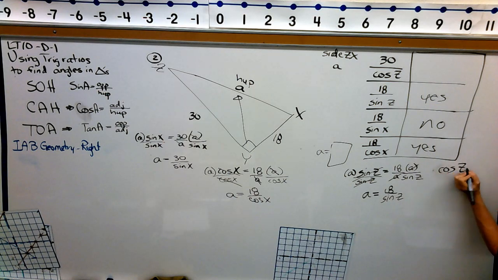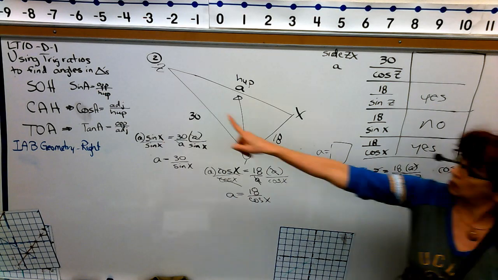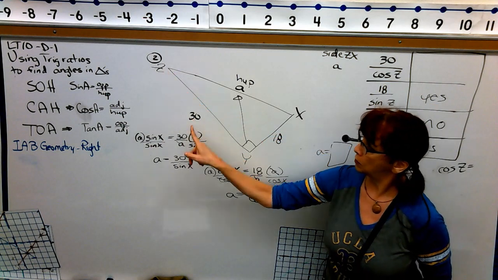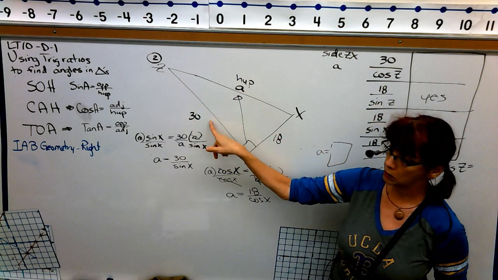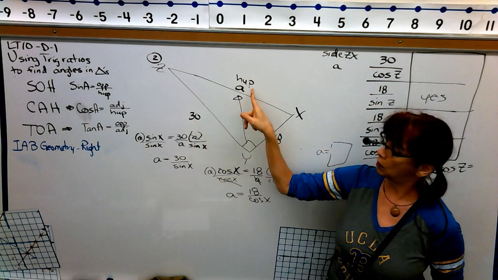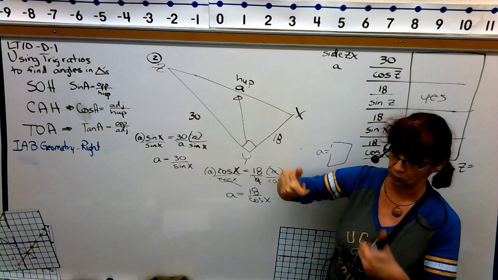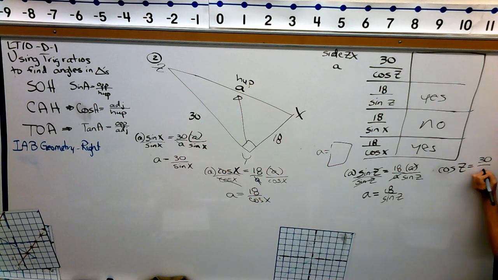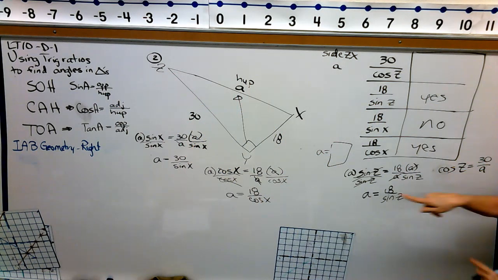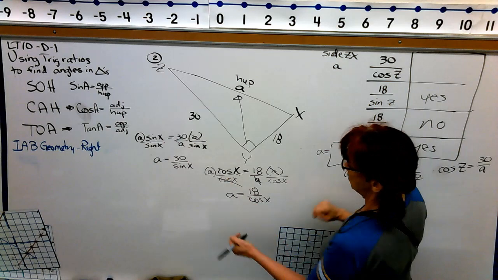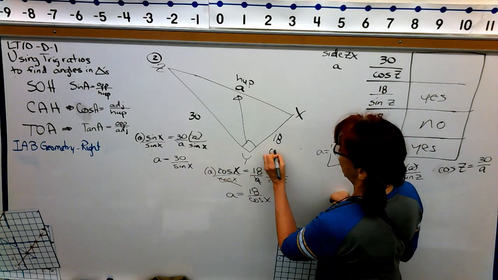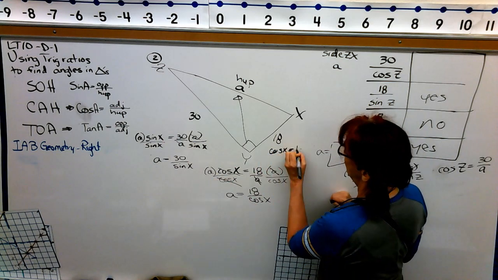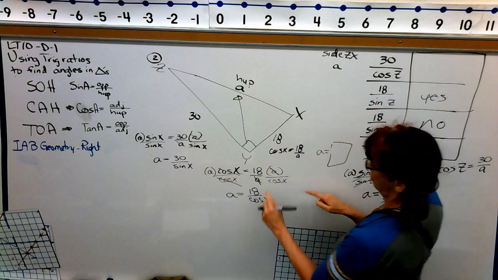Remember here we started with cosine of X is equal to 18 over A. I can just switch them. See how I just switched them? So A equals 30 over cosine of Z. So this one, and this one, all would give you this length.